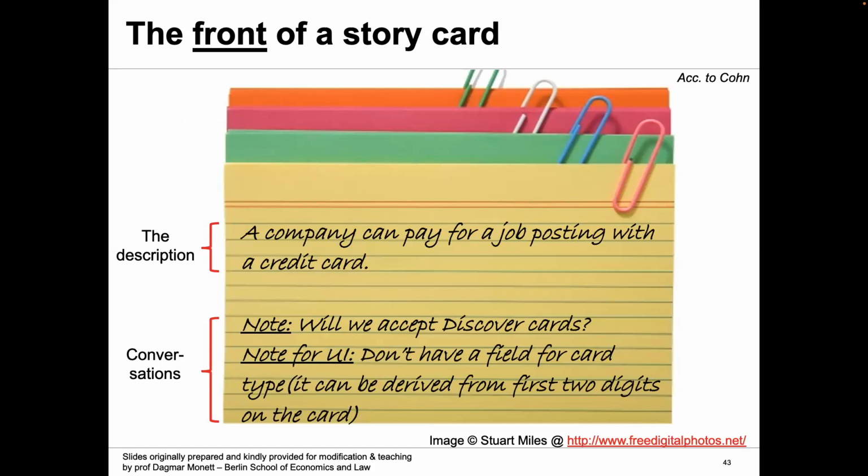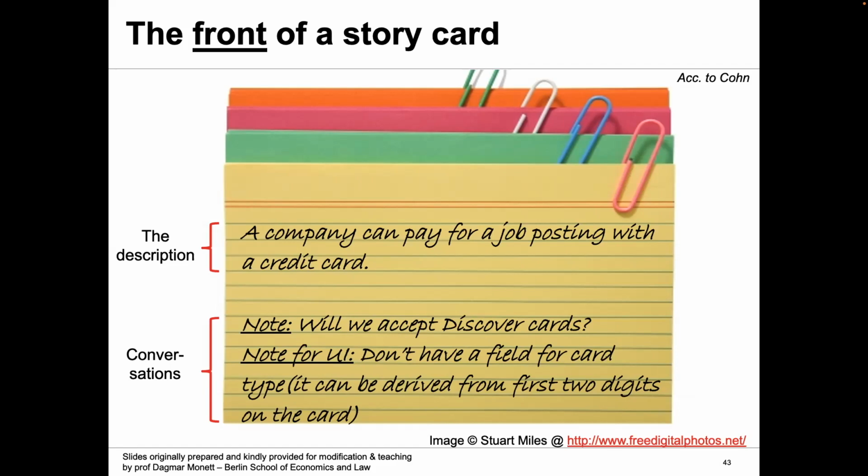These conversations are really important because they help you keep in mind how much time and resources it would take to fulfill that requirement. In the slide here, you can see that the front of a story card is basically the user story itself, and then some conversations on how you want that requirement to be fulfilled. So here the description is that a company can pay for a job posting with a credit card.